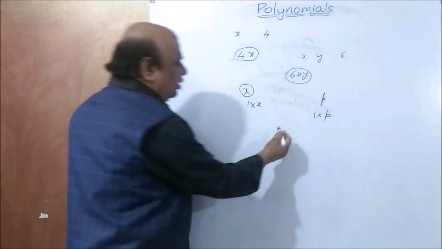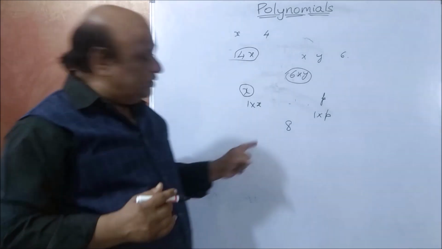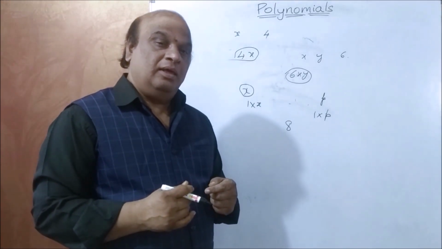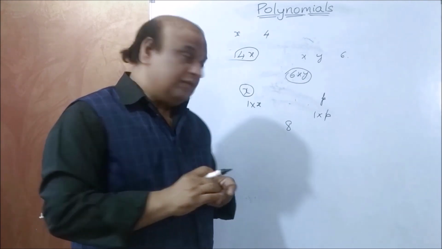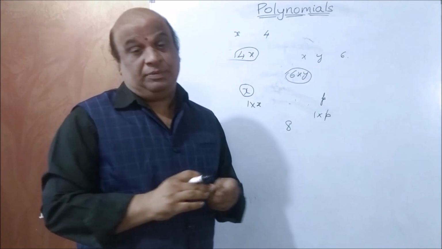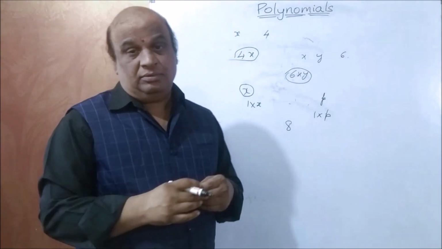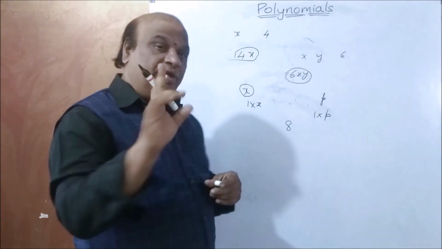Suppose I am taking only a constant, 8. Is it an algebraic term? Can you explain? Yes, it is also an algebraic term. How? There is no variable. But it has a variable.